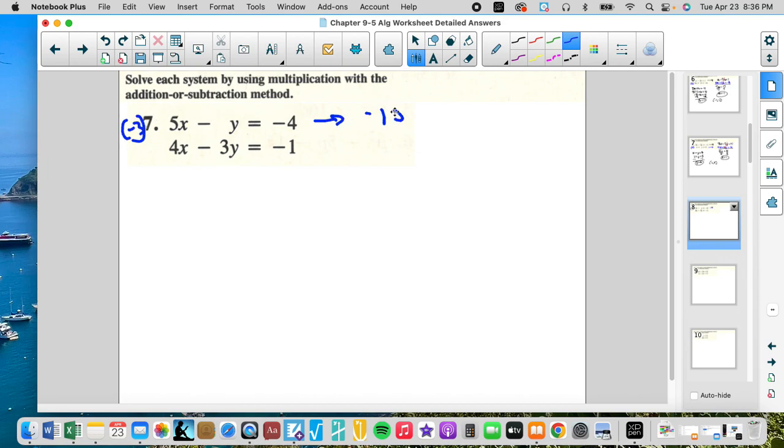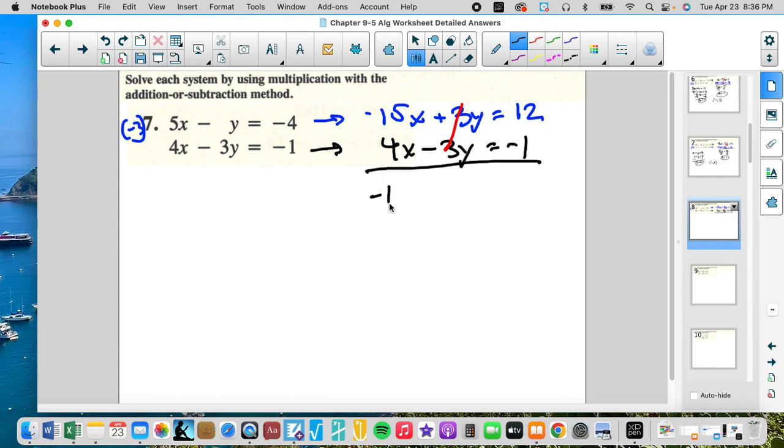That gives me -15x plus 3y equals +12. Bring that over. 4x minus 3y equals -1. They cancel. That is -11x equals 11.